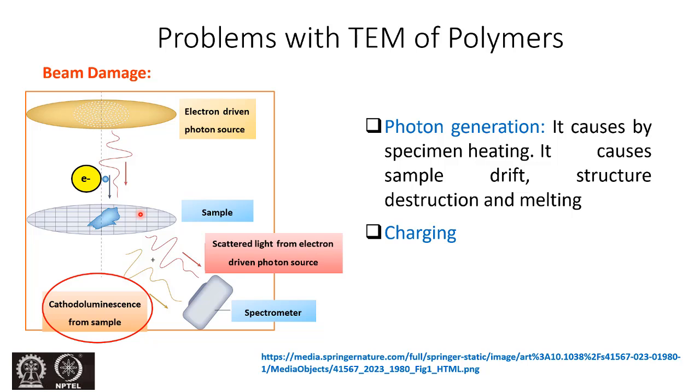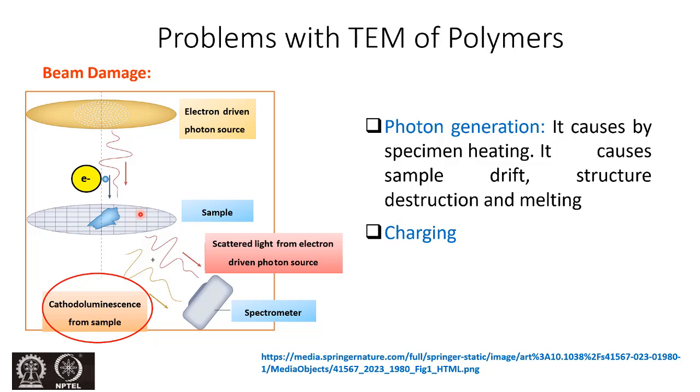And charging is also one of the issues. In the SEM, charging is mostly dominant for polymers, because if a sample is not conductive, then it tries to store the electrons. It will not transfer the electrons. For a conductive sample, the charges get transferred to other parts.